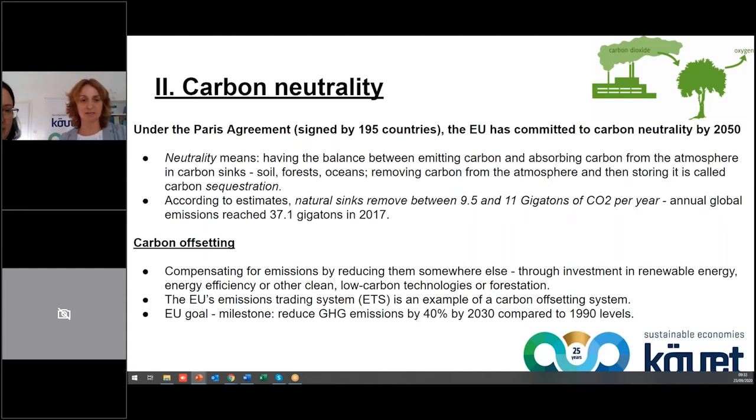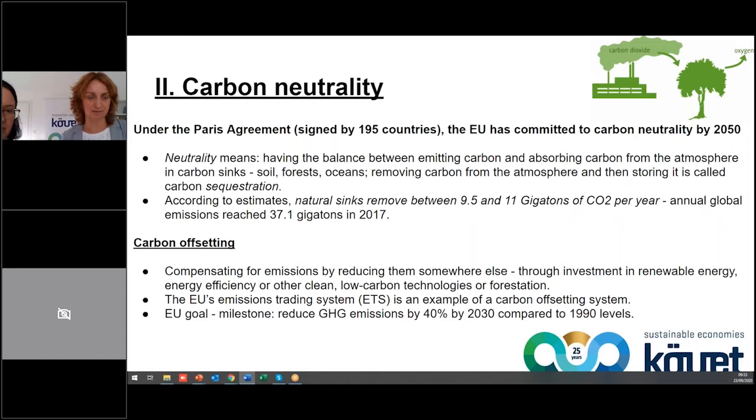According to the estimates, the natural sinks which I mentioned, the soil, forest, oceans, or wetlands, can remove between 9.5 and 11 gigatons of CO2 from the atmosphere per year. And the annual global emissions reached 37.1 gigatons in 2017. And we know that it's getting bigger.